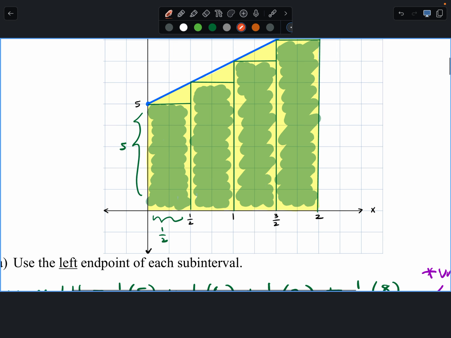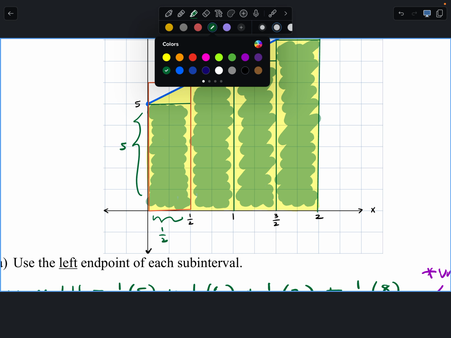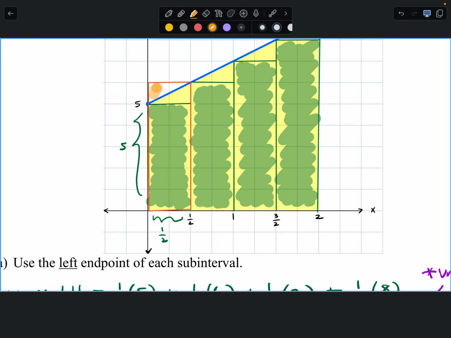So if we're using the right endpoint on each subinterval, our first rectangle could be drawn like so. The area would be 1/2 times whatever the height is.